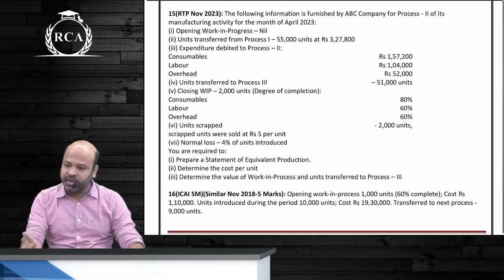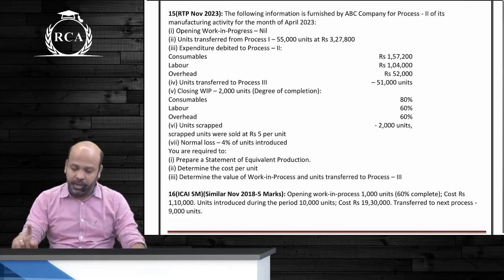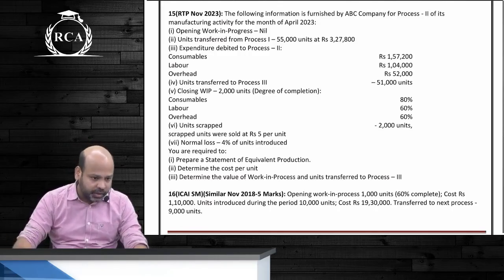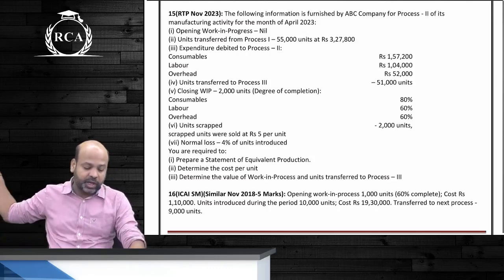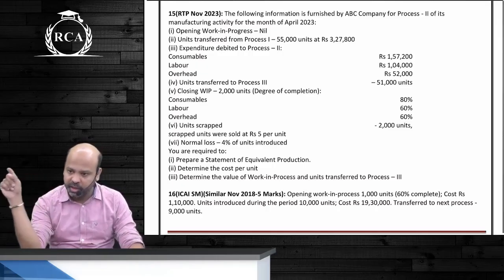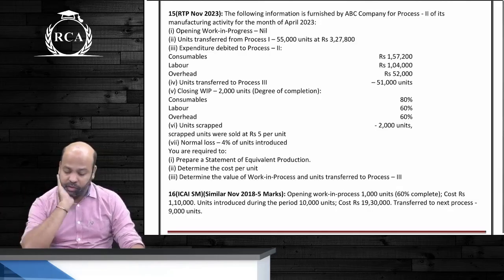Material 1 will represent the input that you're receiving from the previous process, which is always 100% complete. Material 2 will be the materials that you're adding in the current process, to which the degree of completion, guys, given in the question will apply. So if he is saying consumables is 80%, guys, in closing work in progress, it means material 1 is 100%, consumables, beta, would be 80%, and labor and overheads whatever is given.